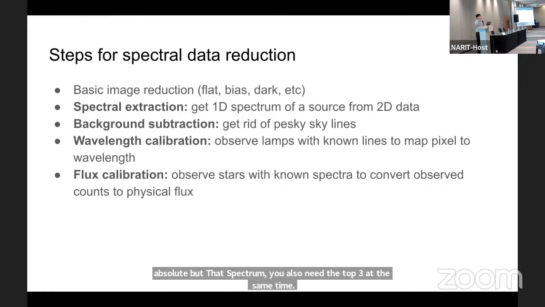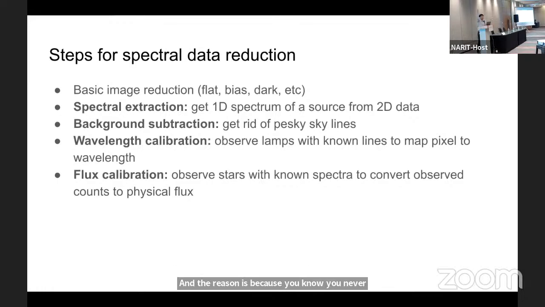The reason is that you never observe the standard star and your target at the same time. It's also a different part of the sky. And when you're using a slit, the transmission of light through that slit depends strongly on how well the source gets centered on the slit. Usually you don't know it very well. That's the reason why you have to be careful with spectral flux calibration.